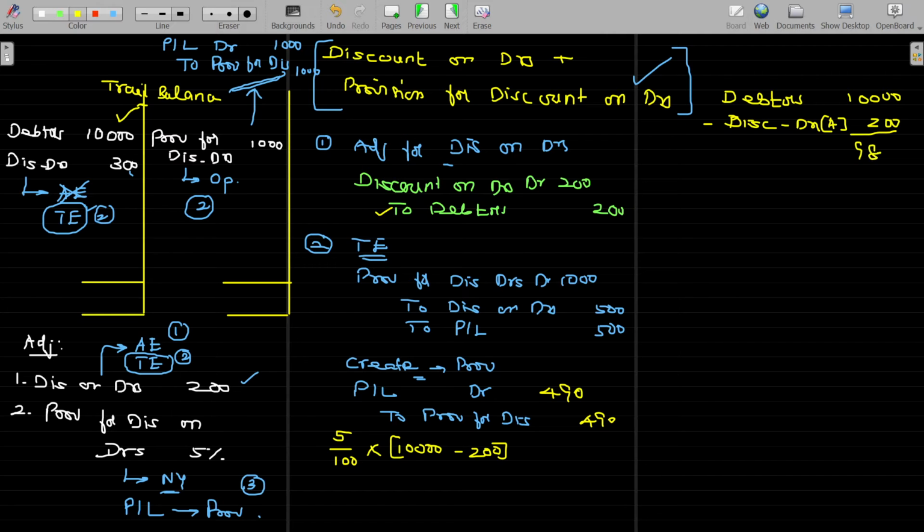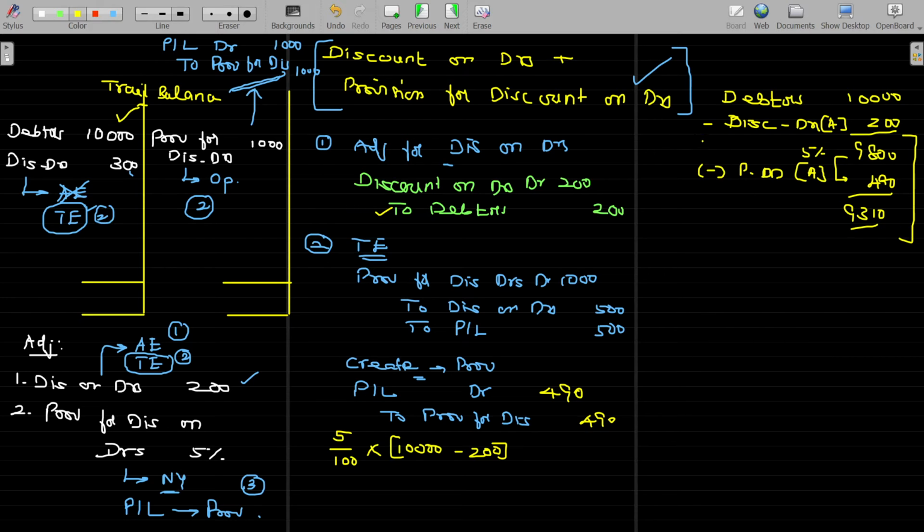Balance being 9,800. From the 9,800 we have to subtract the provision given in the adjustment meant for the next year, which is 5%, 490. So balance being 9,310. This way also you can work out.